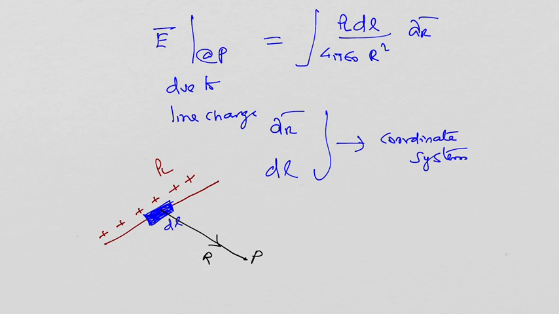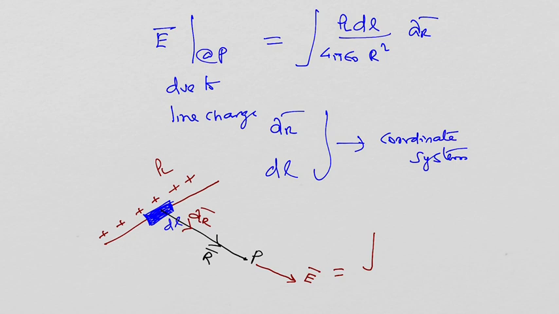I indicate the distance vector as the R vector, and the unit vector is indicated as AR, which indicates the direction. So the electric field intensity will be acting along this line, which is defined as E. This E is computed as the electric field intensity at a point P due to the differential line segment dl, or dE.